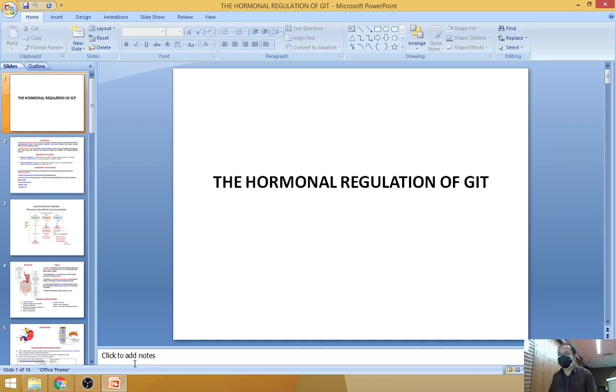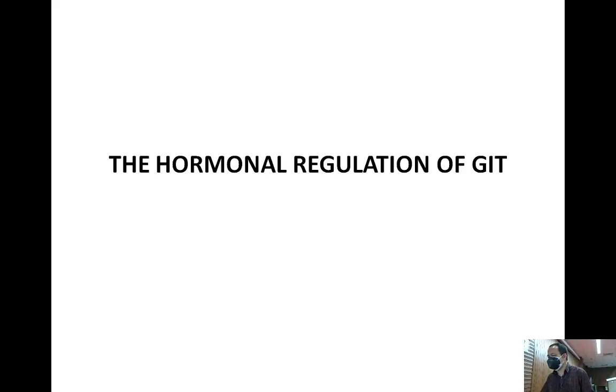Yeah, okay. So last time we had discussed the neural control of GIT, isn't it? There you saw both the intrinsic and extrinsic control of the neural control mechanism, isn't it? And today we will be looking at the hormonal control of GIT, so hormonal regulation of GIT. As the title suggests, you know that this is about hormones.